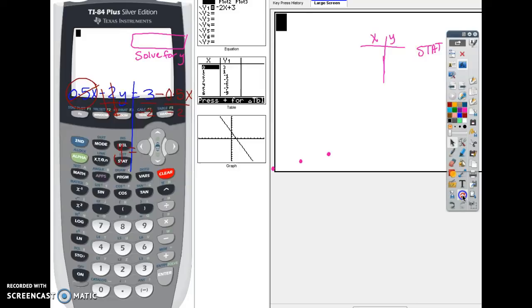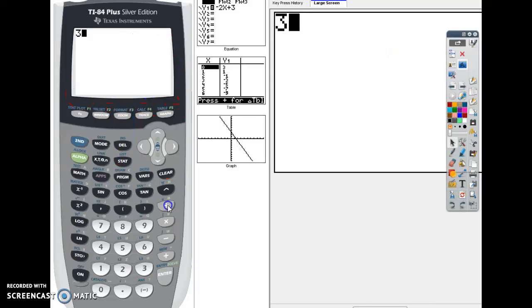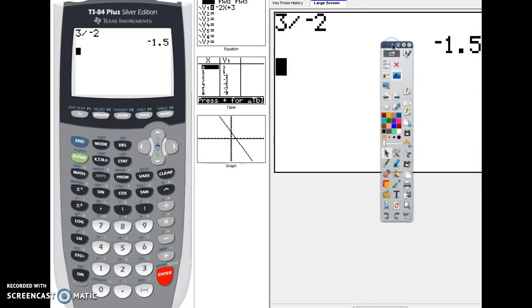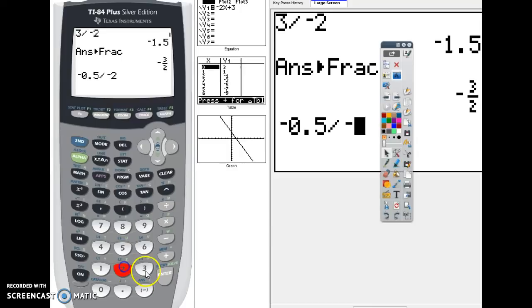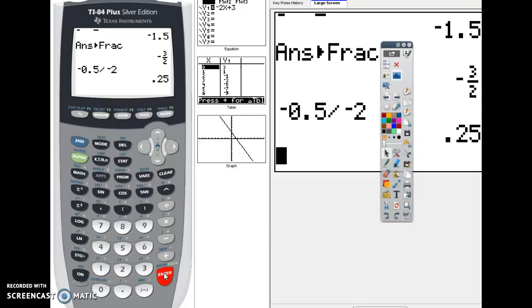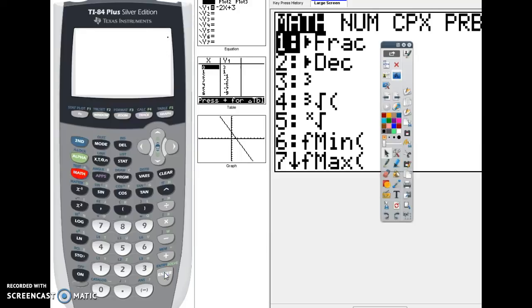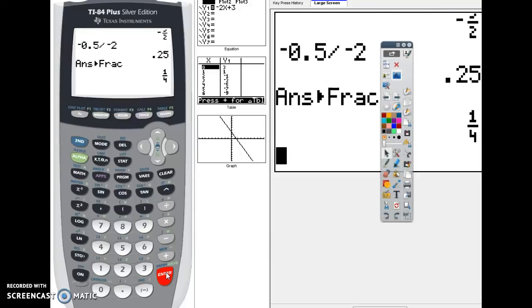So again, we're going to do 3 divided by negative 2, enter, and math, enter, enter. That gives you a negative 3 over 2, and we're going to do negative 0.5 divided by negative 2, enter, which is 0.25. Math, enter, enter, is 1/4.